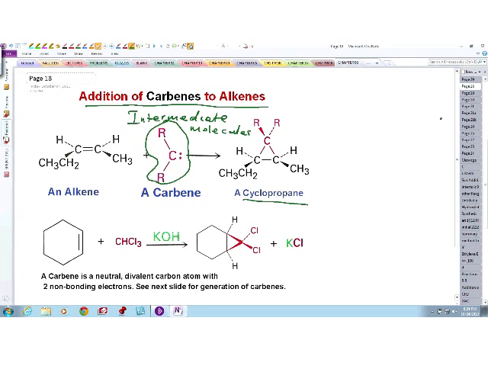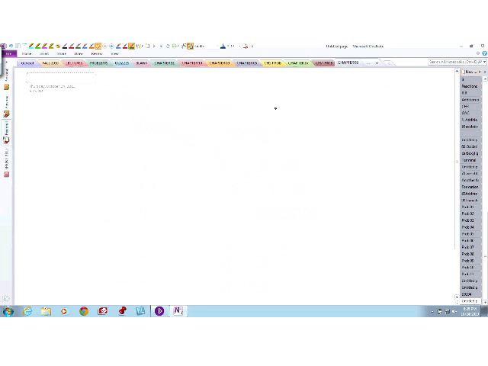Okay, let's give you some examples. How do you form the carbene?